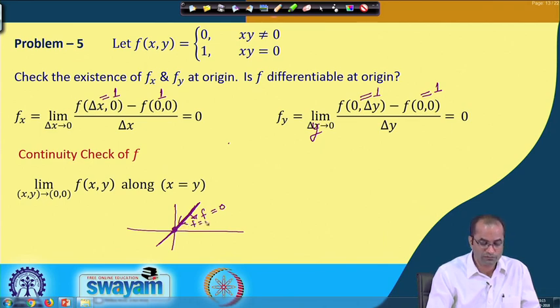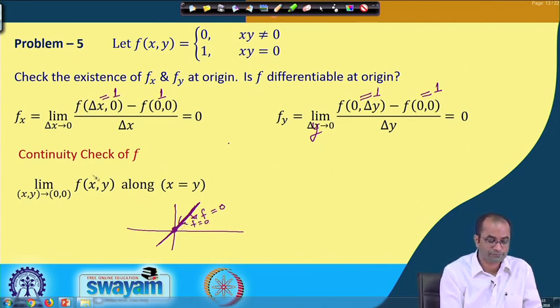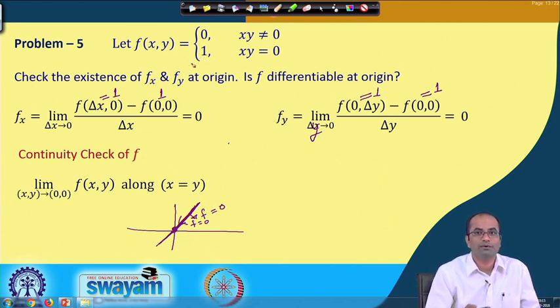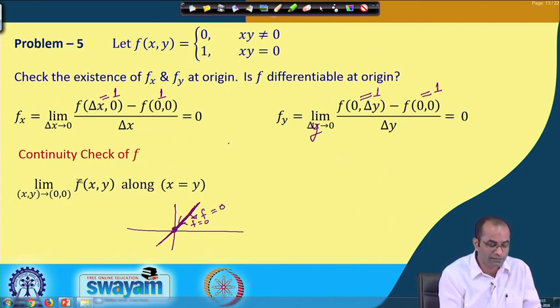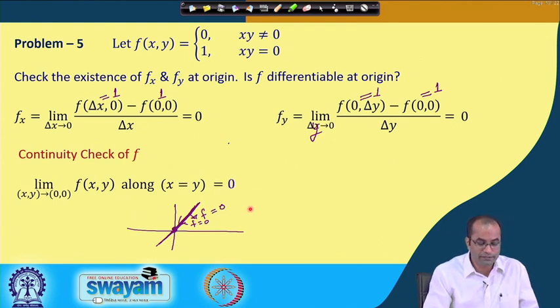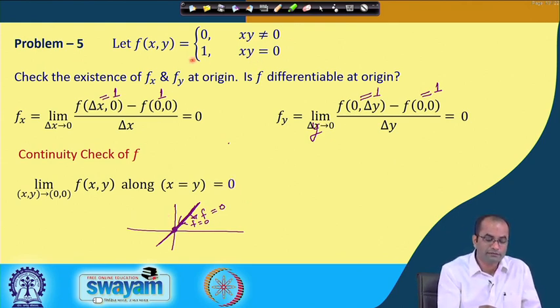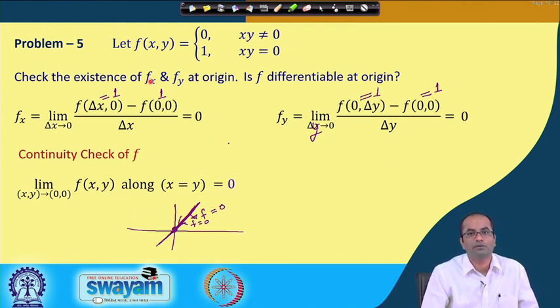Whatever close we are to the origin, the function will take the value 0, only at the origin it is 1. So, there is a point of discontinuity here. So, this limit along x equal to y is 0, whereas the value of this function at the origin is 1.